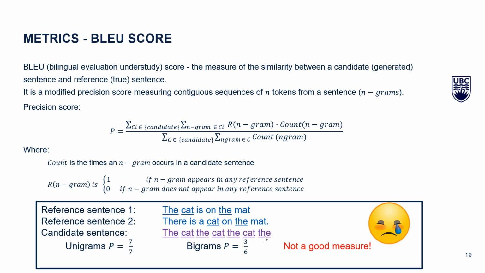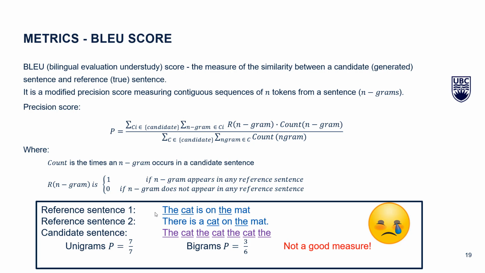Now, in order to calculate the precision score, we need to count how many of the candidate n-grams appear in the reference sentences. For the unigrams, all of the unigrams are actually found in the reference sentences, so we have 7 out of 7, so 100%.